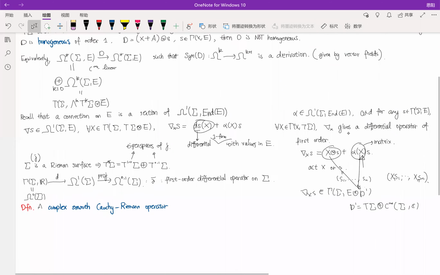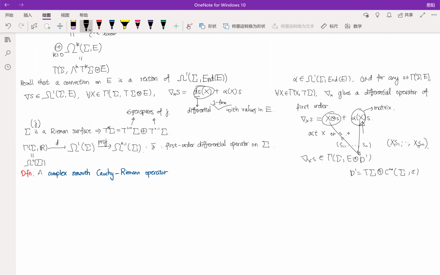So in this way, we know that the connection with a given vector field will give a first order differential operator, but we will not use it because there is a natural way. dxs naturally belongs to the global section of E because we can just remove the tensor product.